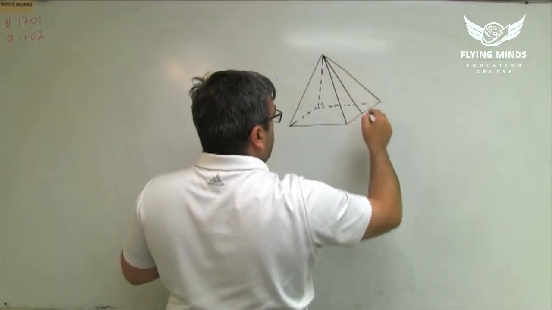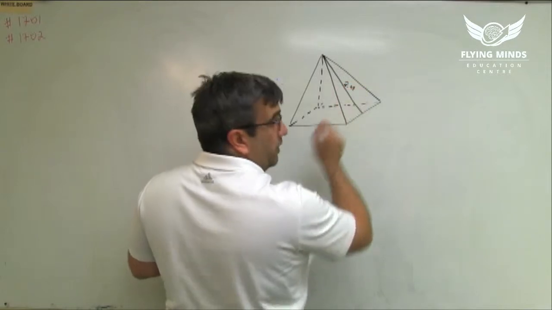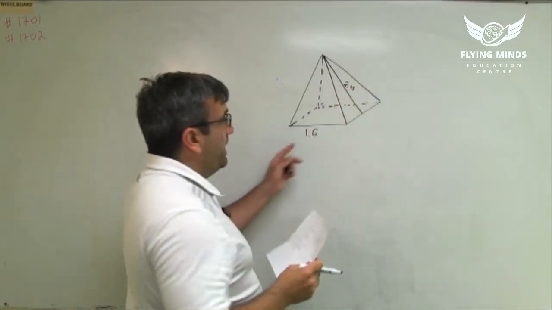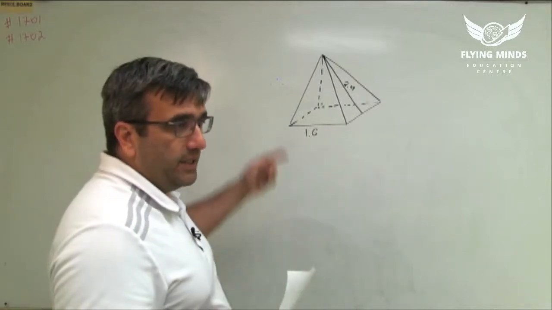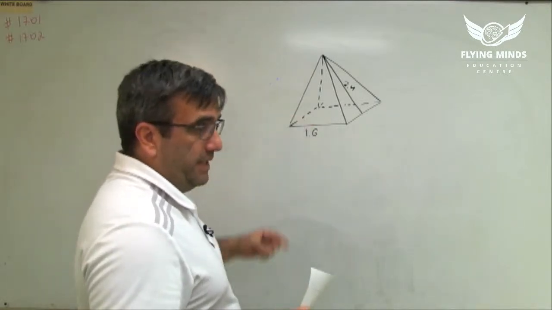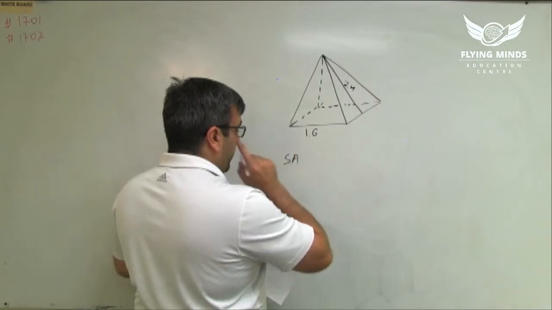Our slant height is 2.4, and the dimensions of the base are 1.6. We need to find the surface area including the base, right? So the surface area of the pyramid.